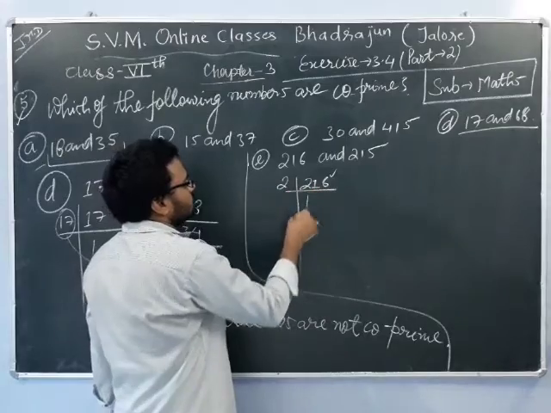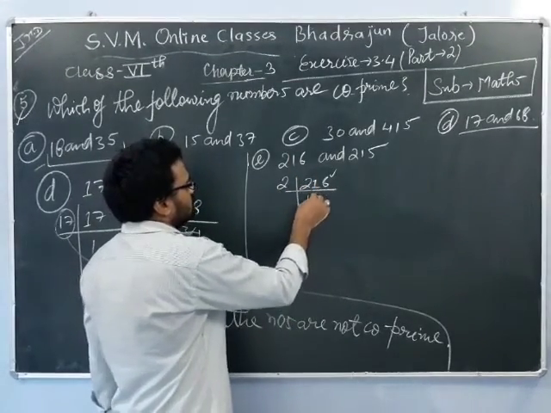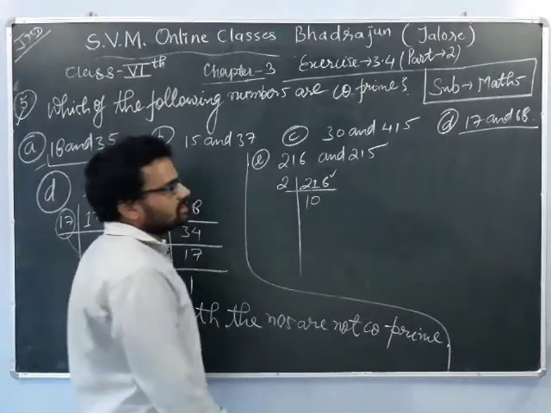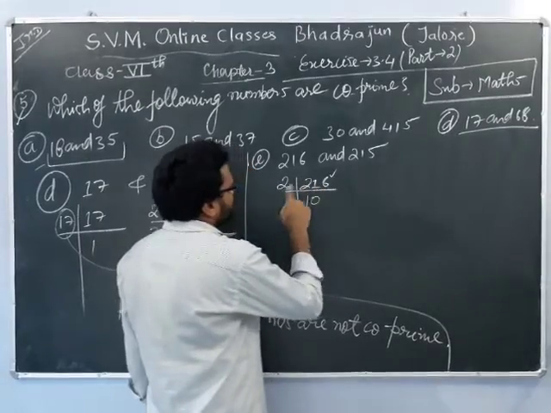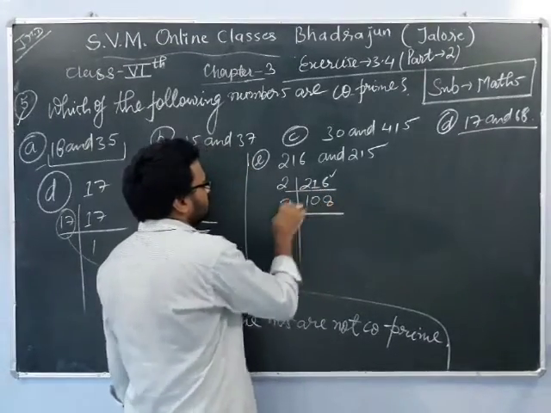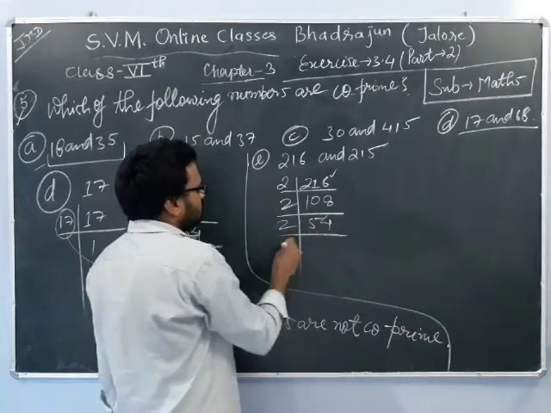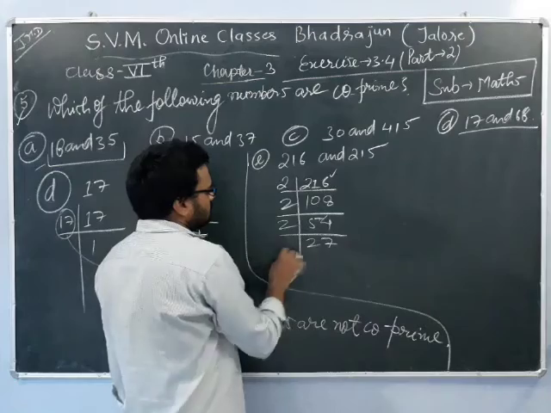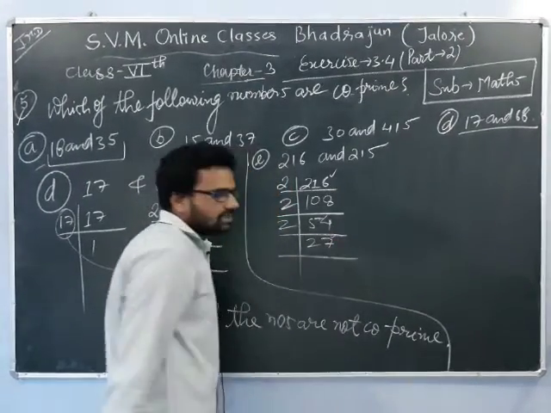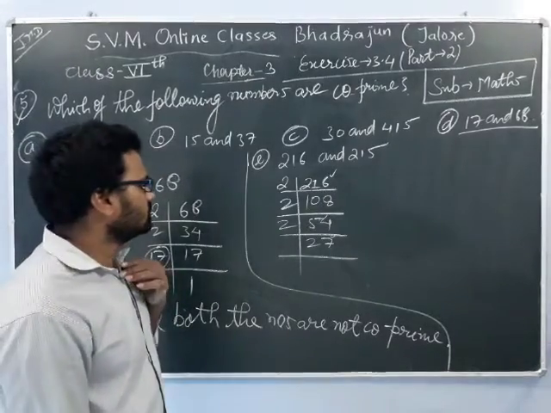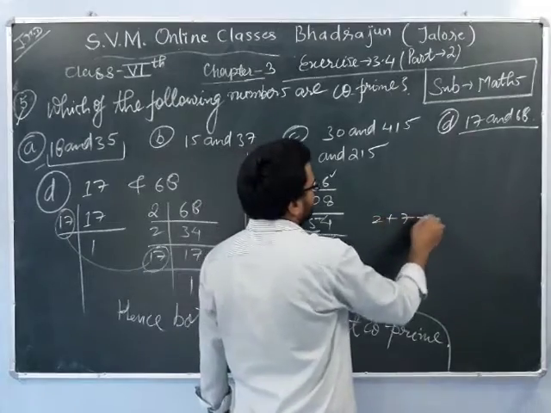So 2 1s are 2, now 1, so there will be a 0. Okay, now 16 remains, so 2 8s are 16. Now 2 5s are 10, 2 4s are 8, now again 10, 2 2s are 4, 2 7s are 14. Now the unit place digit is 7, so this number will not be divisible by 2 anymore, so we will add 2 plus 7 is 9.